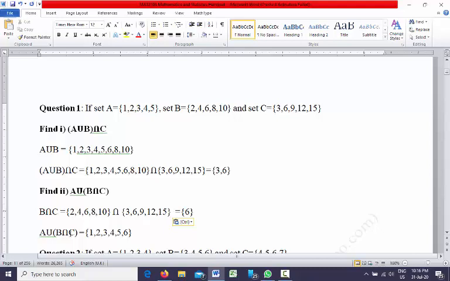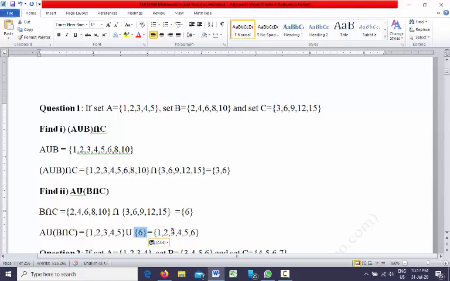Now we want to find A union, bracket, B intersection C. This is set A, and then we want to find the union with B intersection C. This portion is the answer we got from B intersection C. We want to do the union.